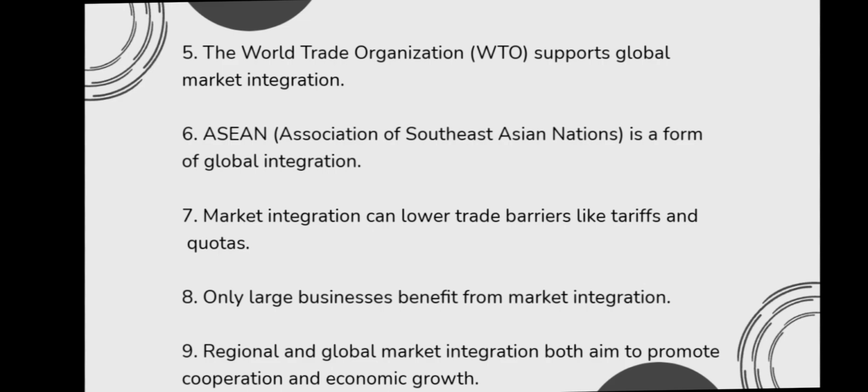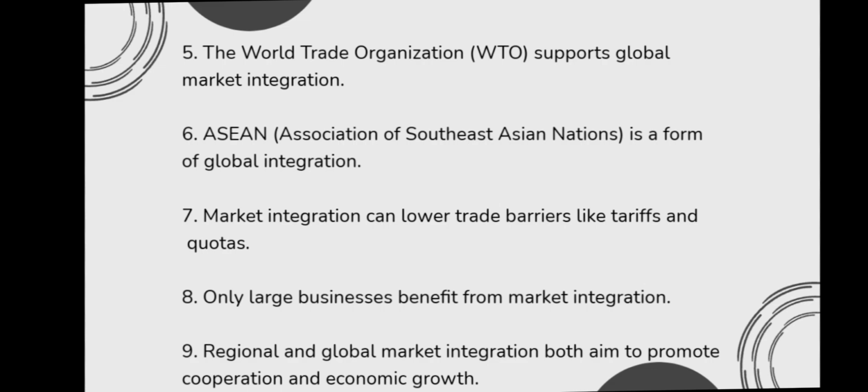Okay. Number 7, market integration can lower trade barriers like tariffs and quotas. Yes, we should agree, because market integration really can lower trade barriers like tariffs and quotas. Number 8, only large businesses benefit from market integration. Agree or disagree?